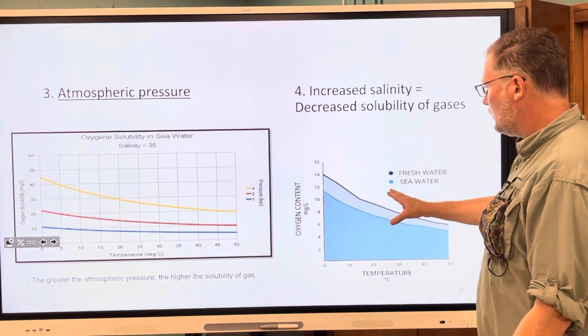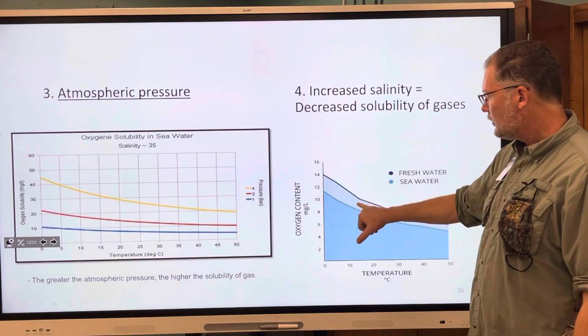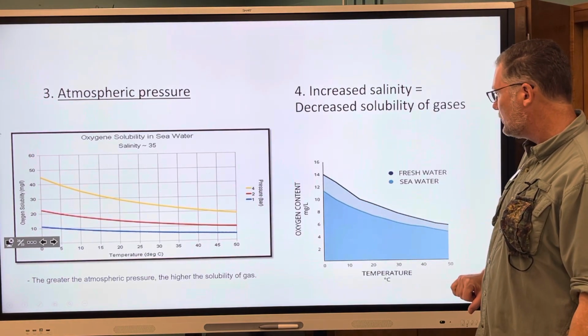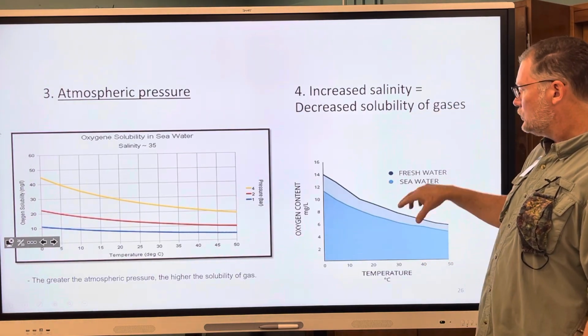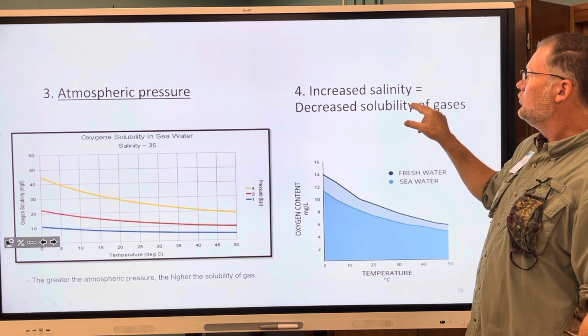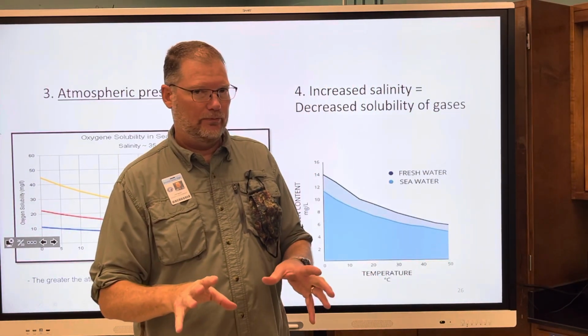And then, of course, increased salinity equals decreased solubility of gases. So here you're comparing fresh water with seawater. The fresh water is the lighter color on the top, and the seawater is the darker color on the bottom. The more salt, that's the dark blue, the lower the gas content. Why?